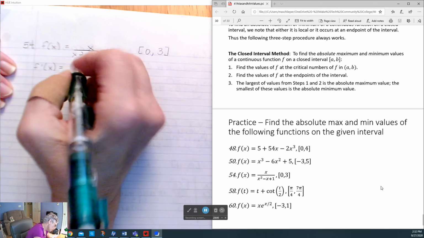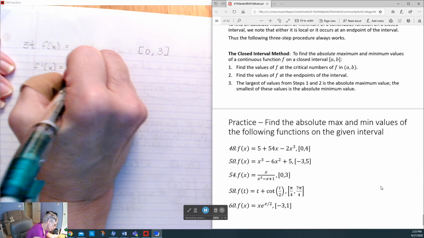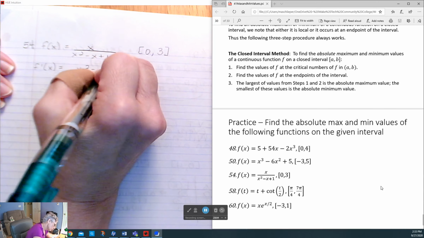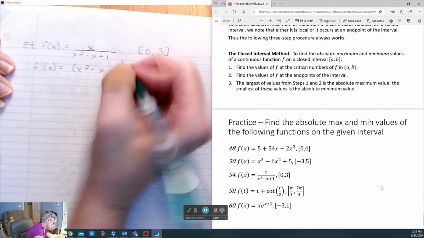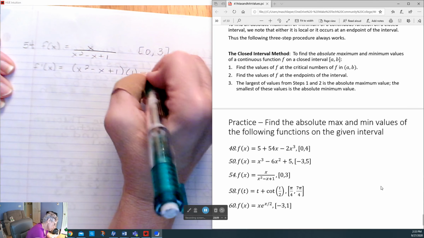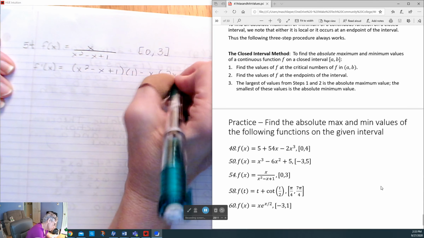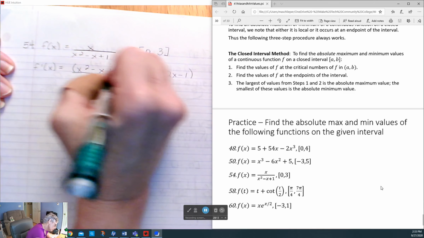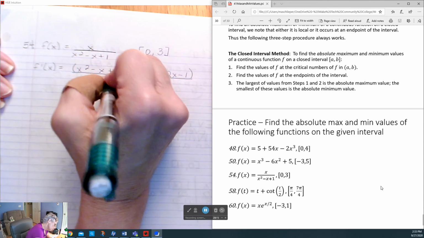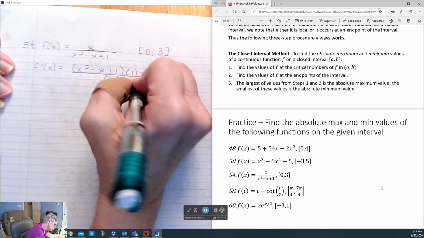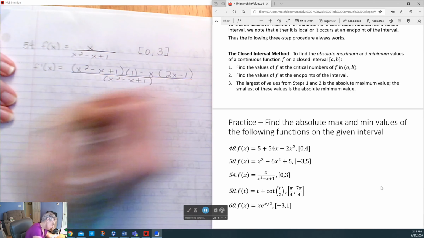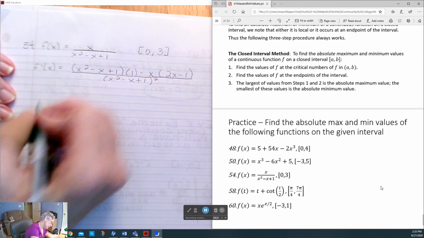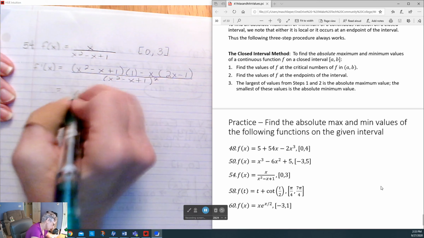Low, high, the quotient rule. Low D high, less high D low, over low times low. Now let's simplify stuff.